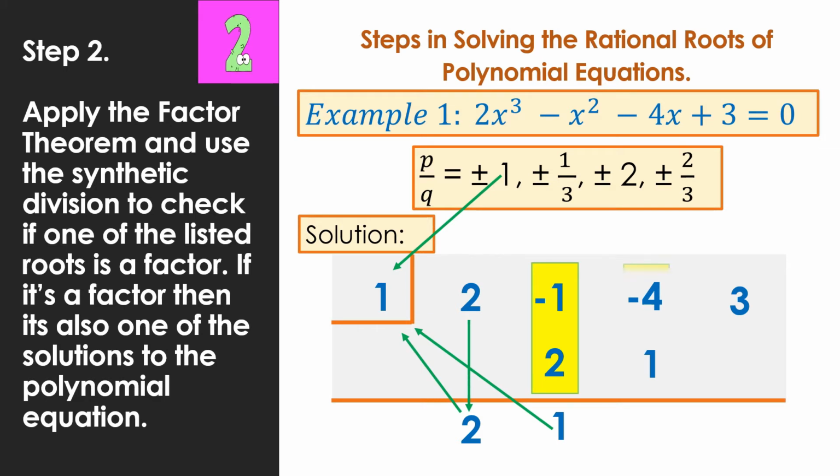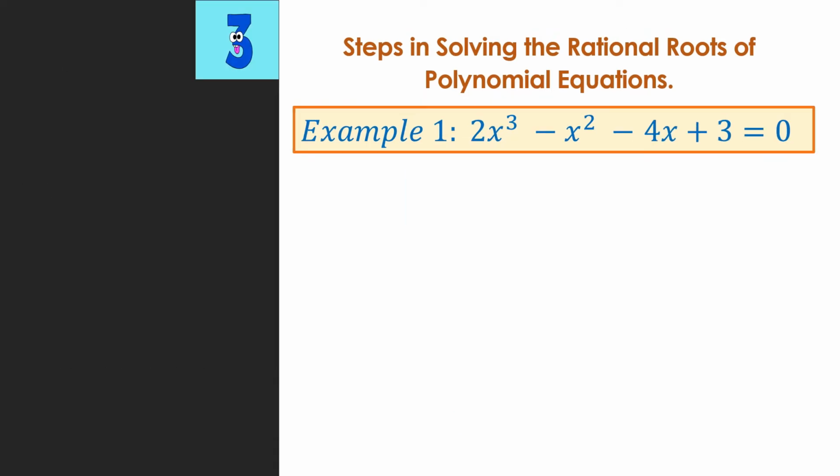Write it down on the third column. And then add the column. Negative 4 plus 1 is negative 3. Multiply negative 3 to the root. Negative 3 times 1, the answer is negative 3. Write it on the last column. So, add down the column. 3 plus negative 3 is equal to 0. The last number in the row is 0. It means that the root, which is 1, is one of the solutions of the given polynomial equation.